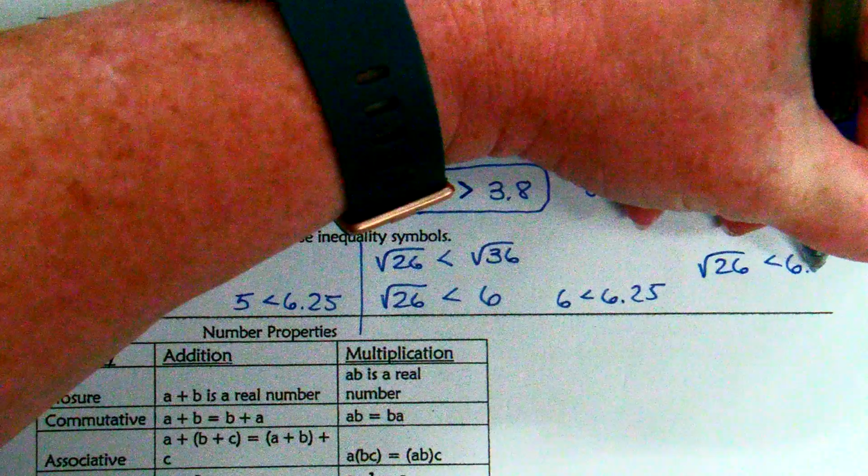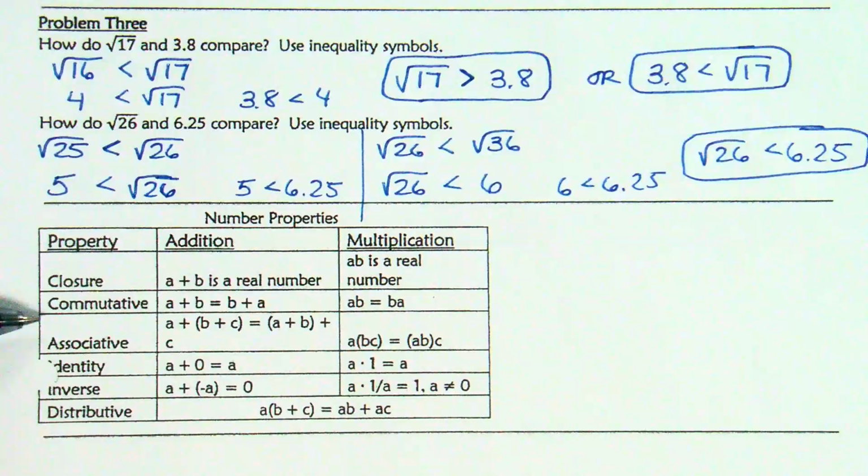Okay? Now, the part that I'm running out of time for, and I've got about 2 minutes left, so give me just a little bit more time. You have a list of properties down here, yes? And there's a couple examples on the back. I'm not sure we're going to get to those today, but these are the properties you're going to be using to answer questions in homework. Okay? For instance, commutative property. You've seen the commutative property before.